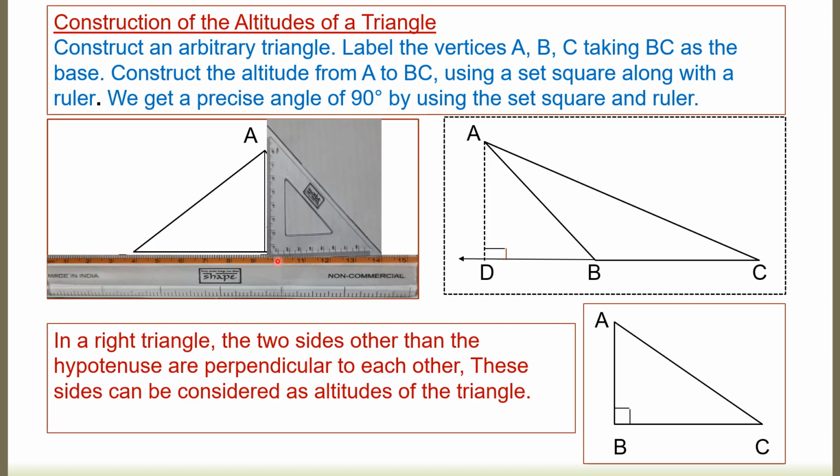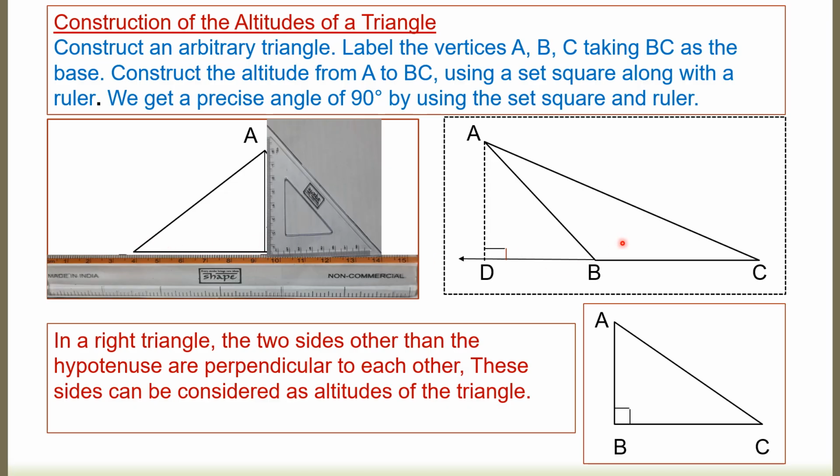You can see here, it is aligning with the ruler. Move it in such a way that the set square is touching the point A. Now you can draw a straight line alongside the set square so that it touches BC. Now AD will be the altitude.